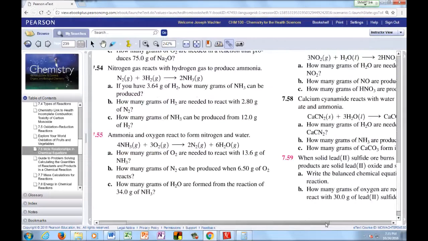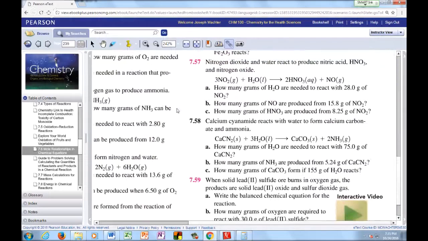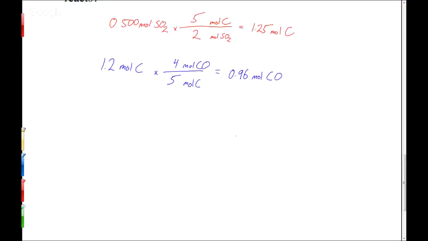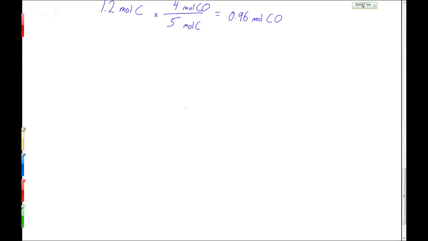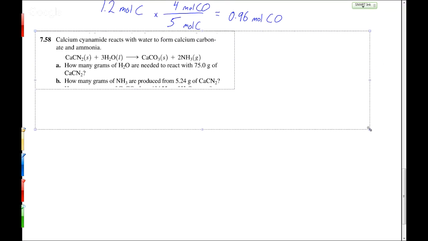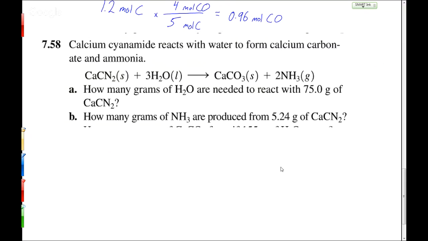We can use those numbers from the equation again. So 4 of these, 5 of these. And what does that come out to? And that's the moles of CO.